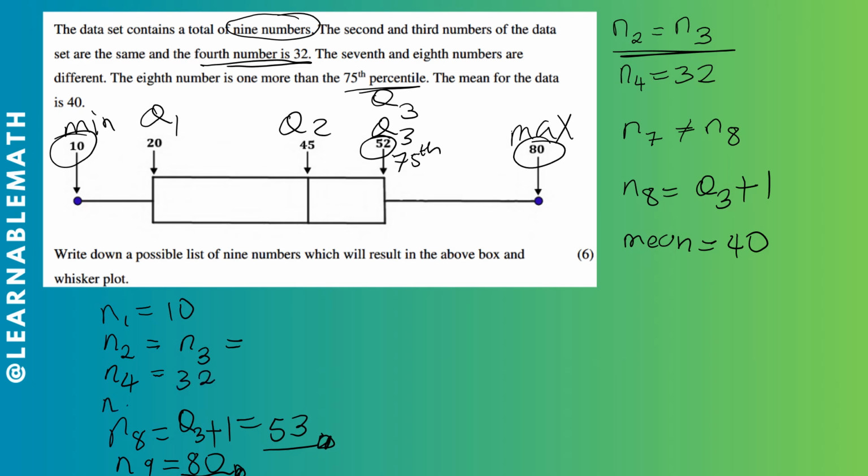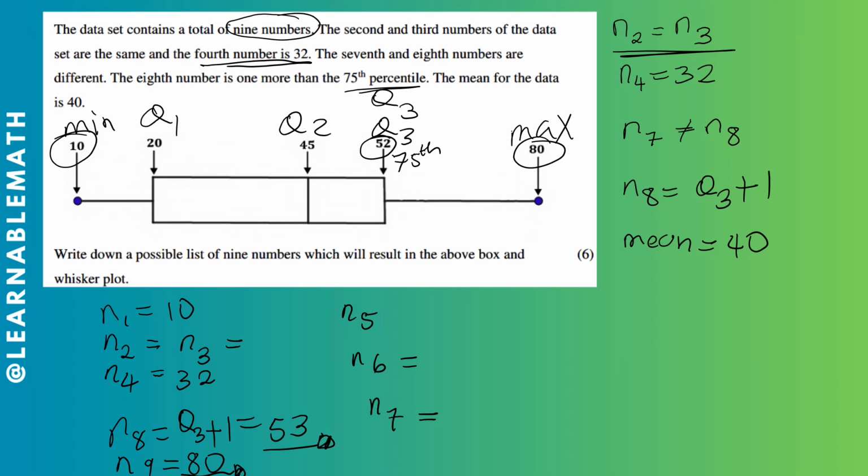And N5: were we told something about number 5? No, nothing. So I'm just going to put it here, N5, N6. We were just told that N7 is not the same as N8. We have to determine these numbers.